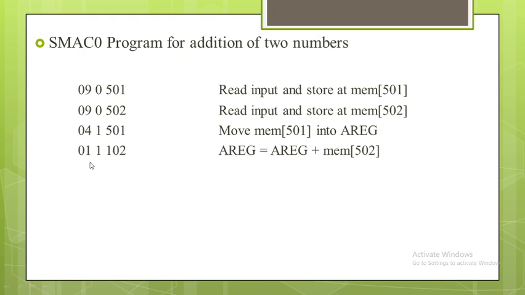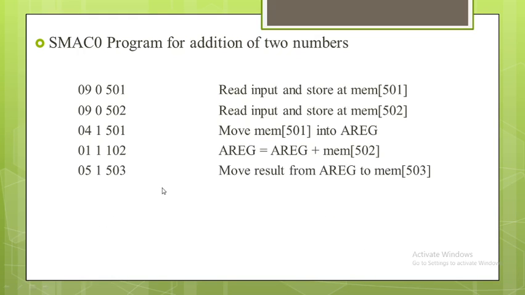Now after that I am going to add the A register with the memory address content of 502, where the instruction is A register plus the memory content of 502. Now the result is stored into the A register.